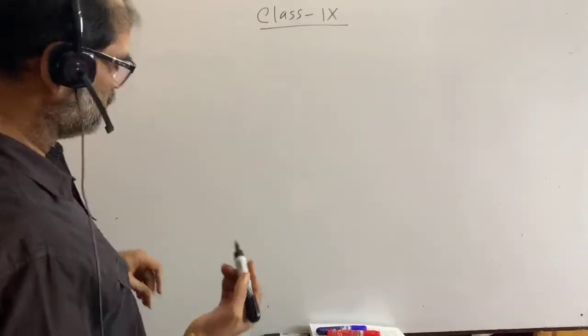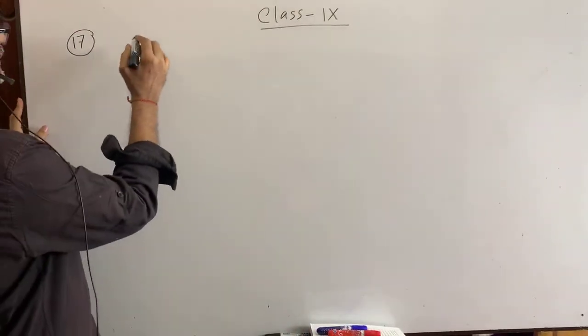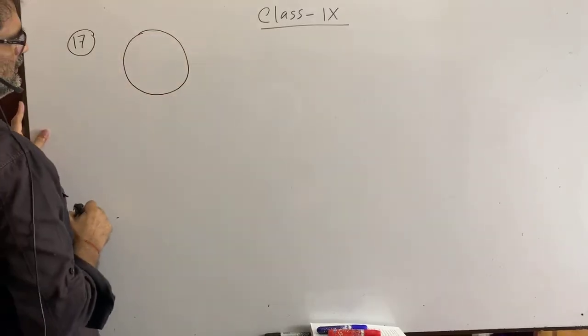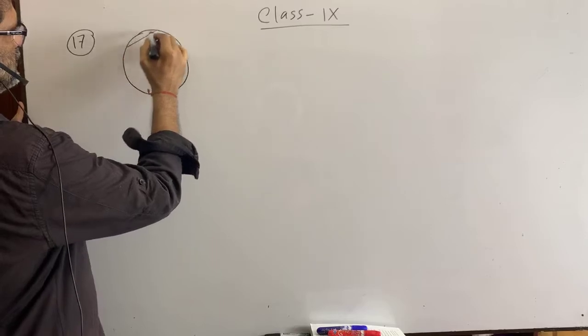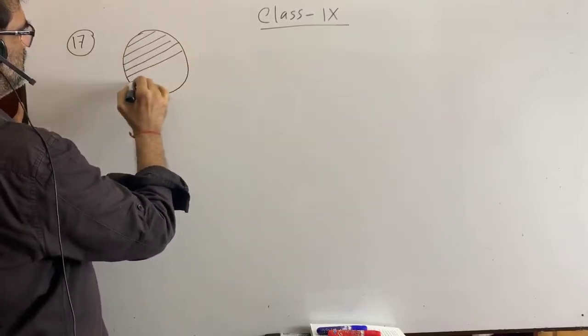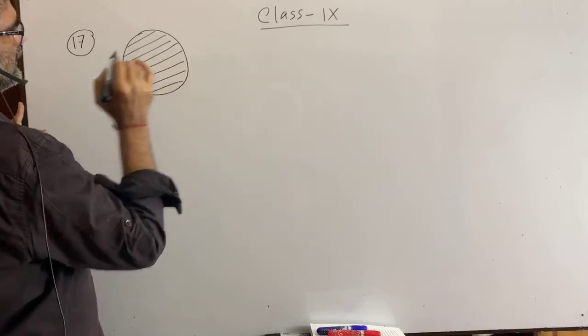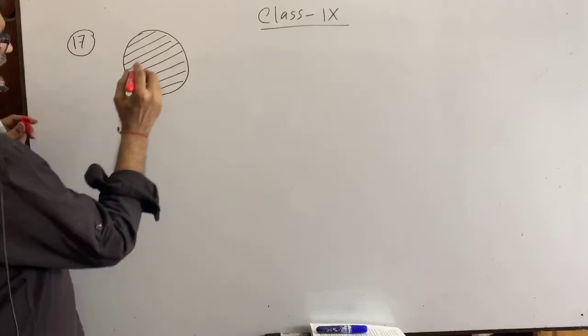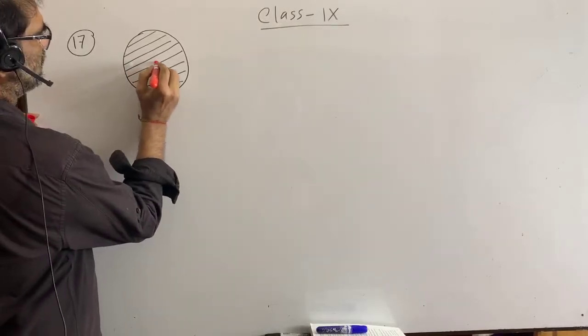You see what I am going to show. A solid sphere. Solid sphere means what? It is filled in, right? And it is given that its radius, it is the center.